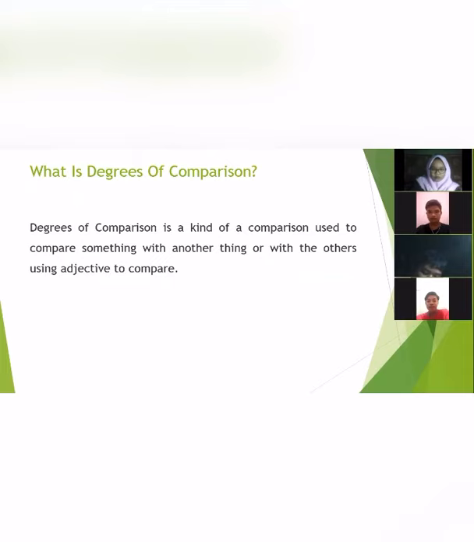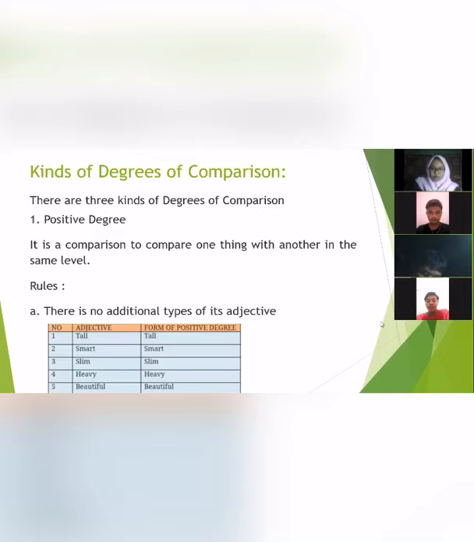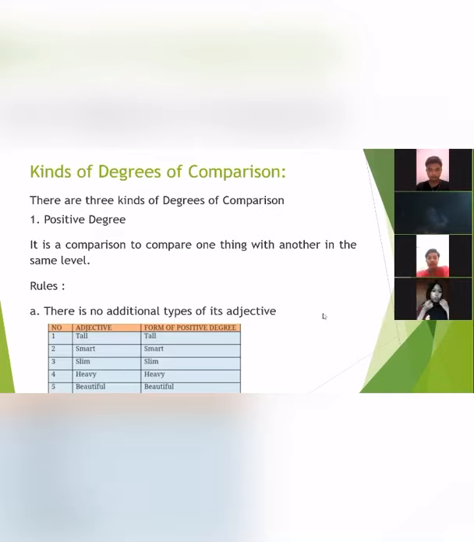Next. There are kinds of degree of comparison. Number 1, positive degree. It is used to compare one thing with another at the same level.